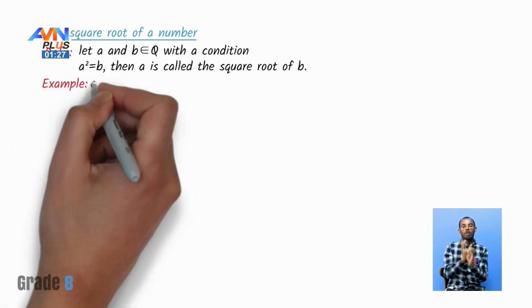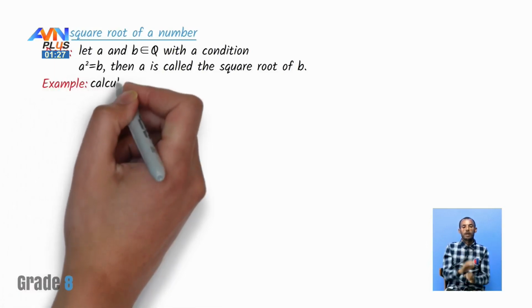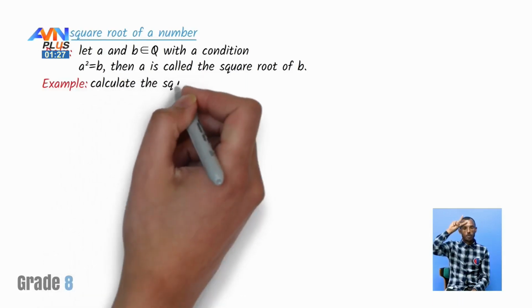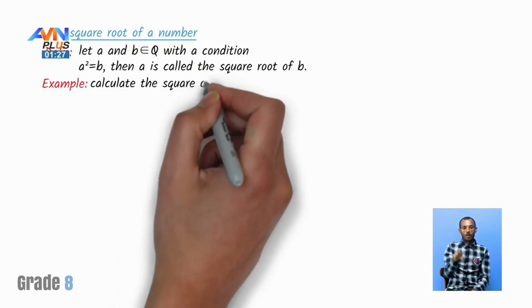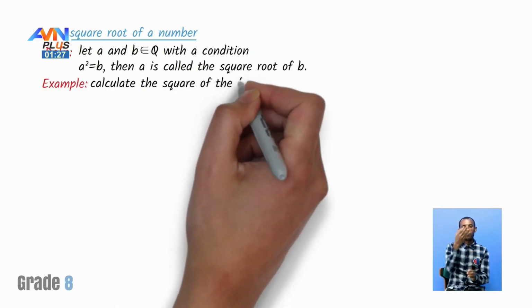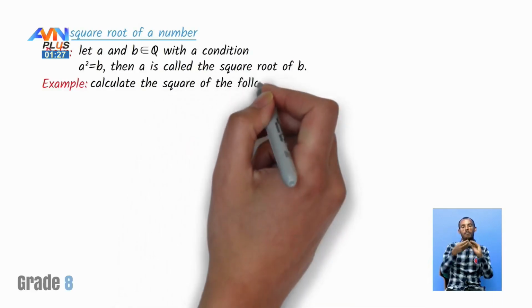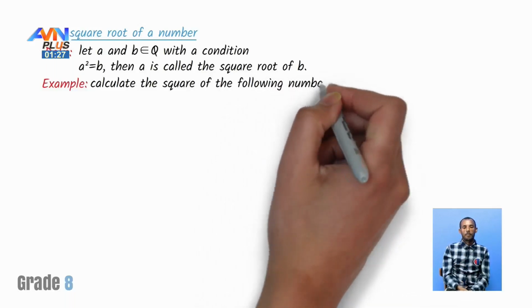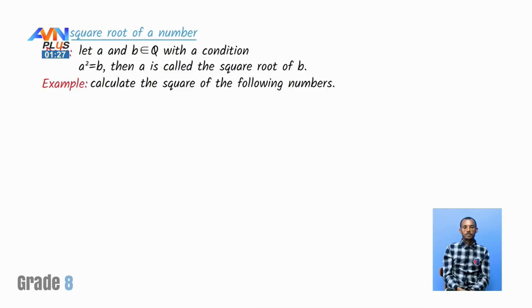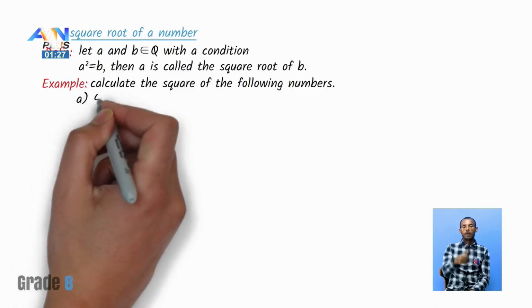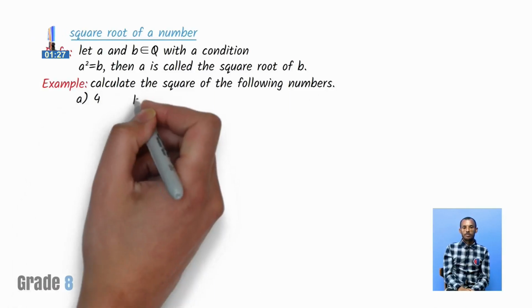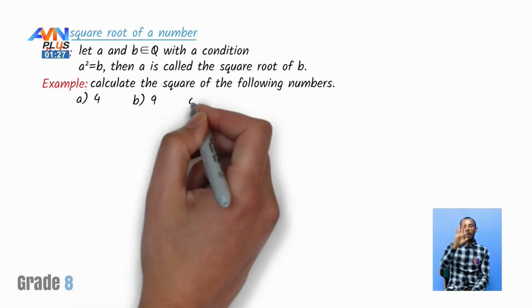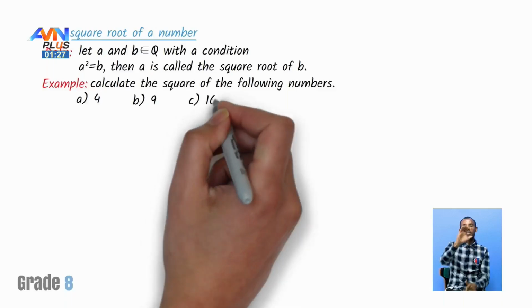Calculate the square root of the following numbers. The first one take 4, the second take 9, the third take 16.